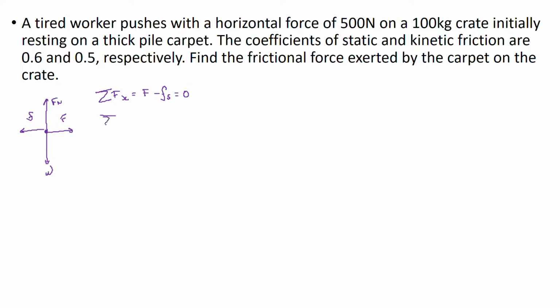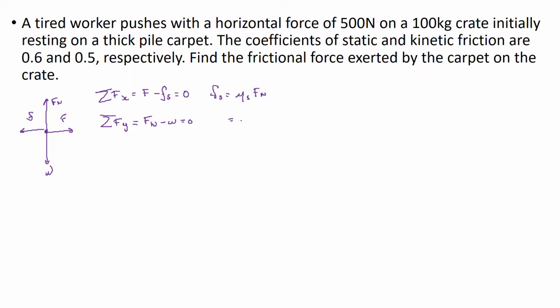And the forces in Y are equal to the normal force minus the weight, and that's going to be equal to 0. So from the first equation, we know that the static friction force is going to be equal to mu static friction times the normal force. Now this thing is not going to move.